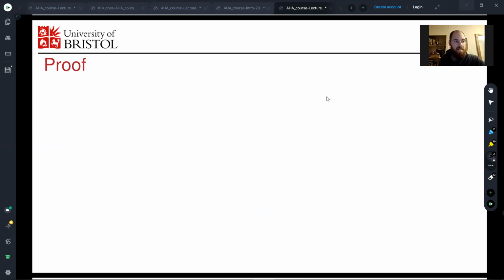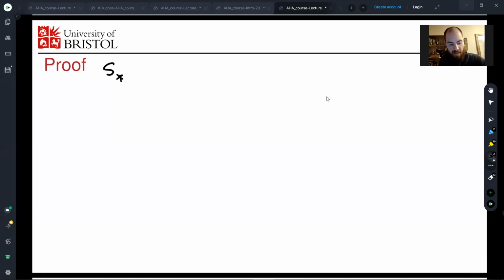Before, we had the two inequalities. Let me just rewrite them for us. Let me introduce some notation here to make our lives easier. I'm going to add a star to an operator, and that means I'm taking the supremum over all R's.